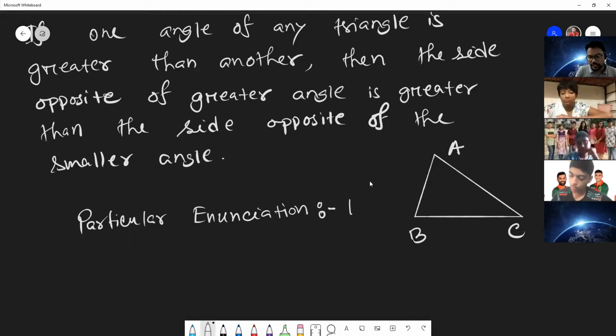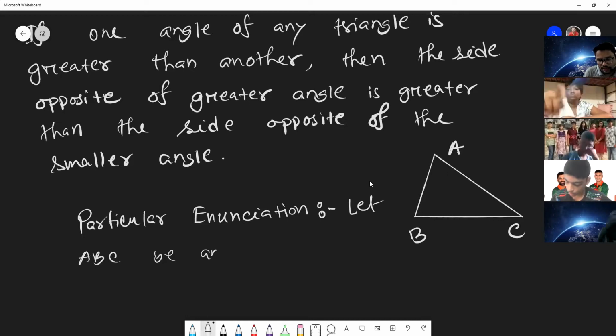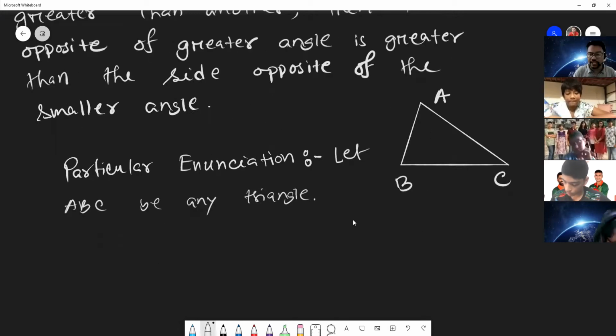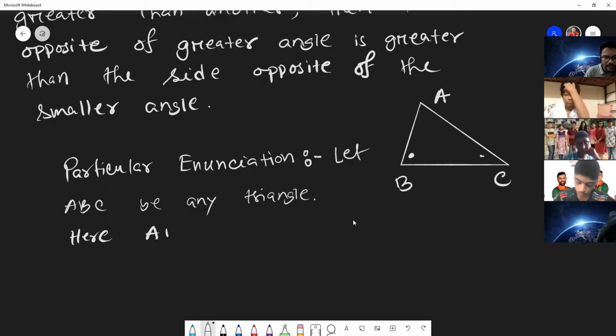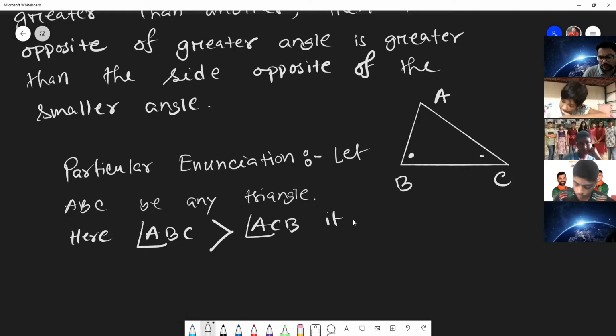Let ABC be any triangle. According to the question, angle B is greater than angle C. So angle ABC is greater than angle ACB.